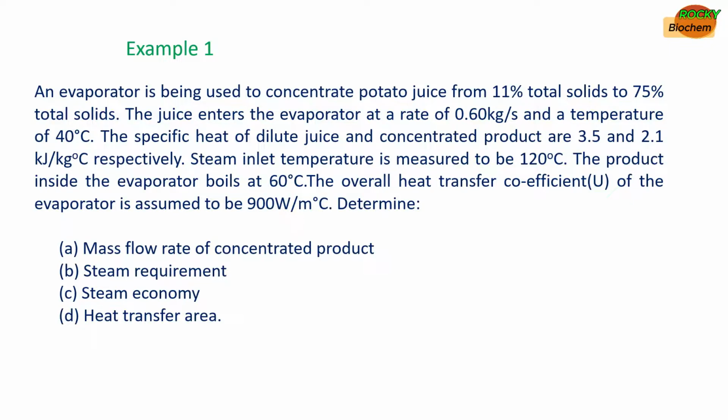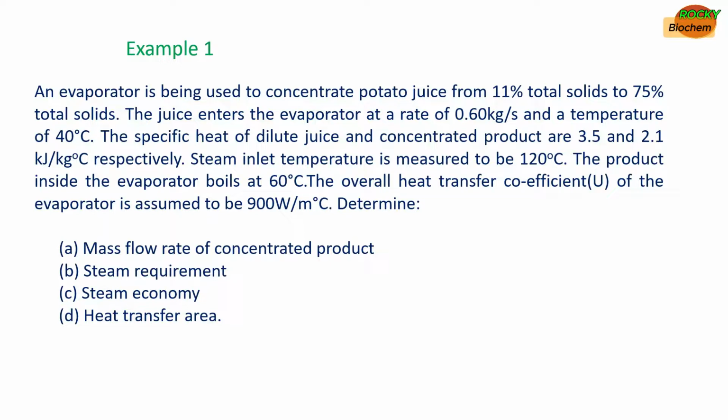Okay, so this is the question given. An evaporator is being used to concentrate potato juice from 11% total solids to 75% total solids. The juice enters the evaporator at a rate of 0.60 kilogram per second and a temperature of 40 degrees Celsius. The specific heat capacities of the dilute juice and the concentrated product are 3.5 and 2.1 kilojoule per kilogram degrees Celsius respectively.